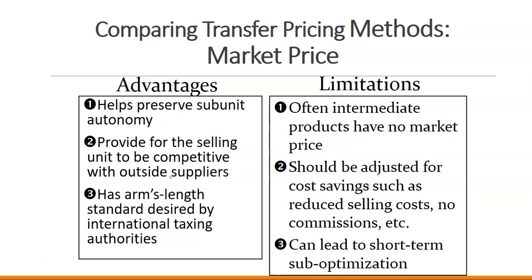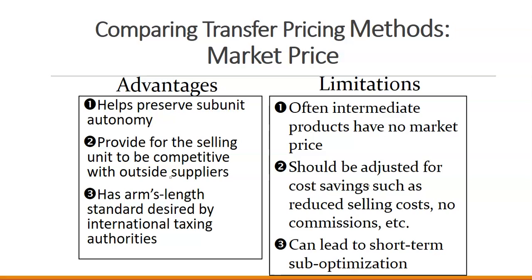So I'm not going to be, as a manager, incentivized to transfer it internally at a lower cost than I can sell it outside, especially depending on how my bonus or performance measures are calculated. It is the arm's length standard desired by international accounting standards.